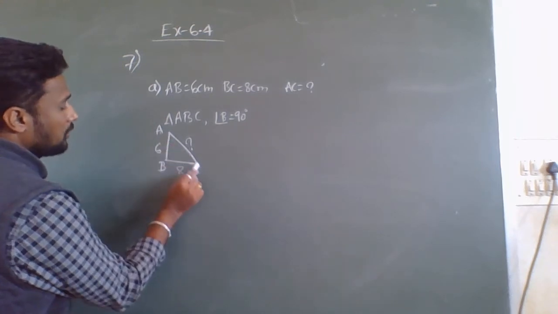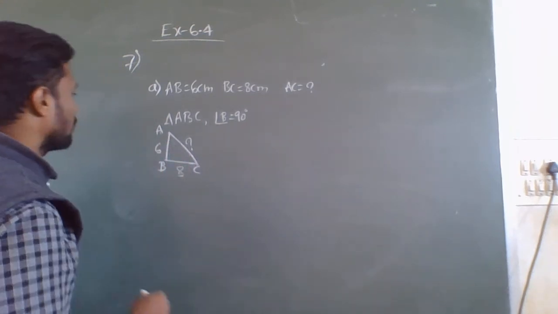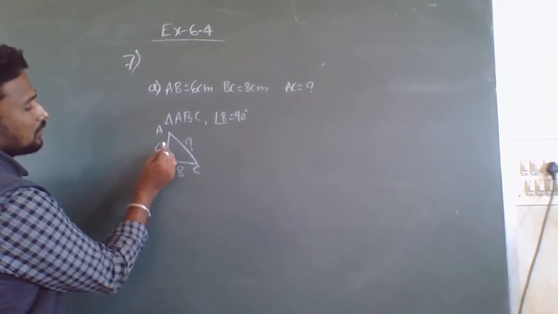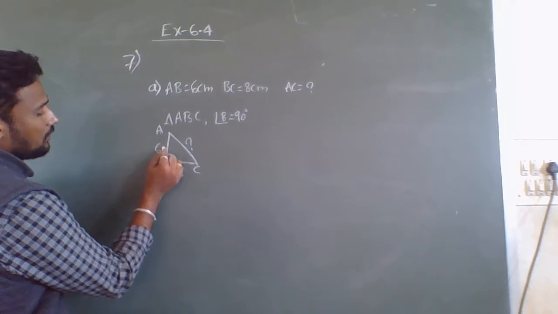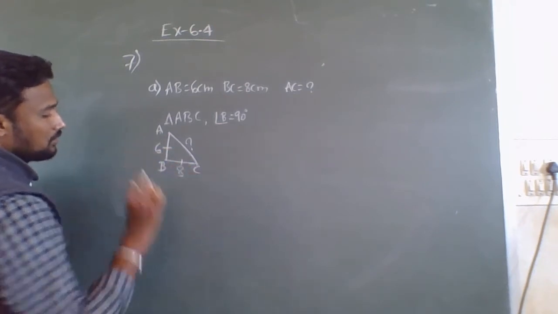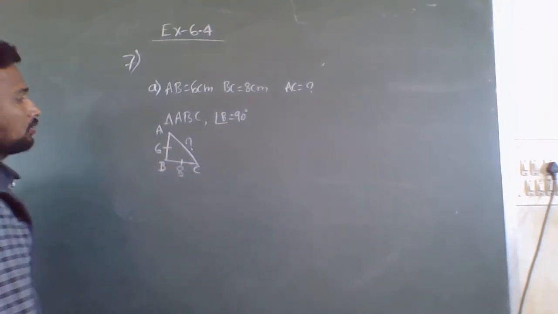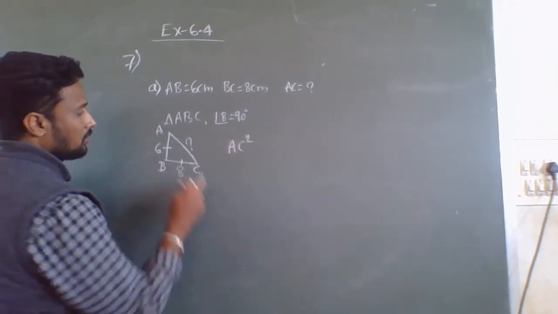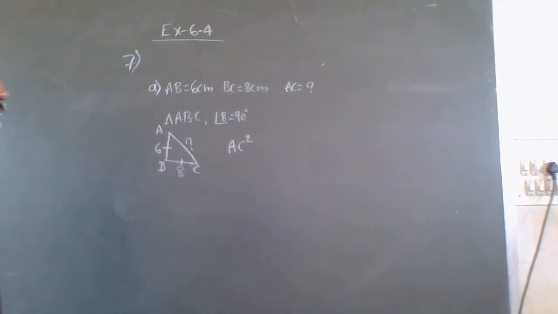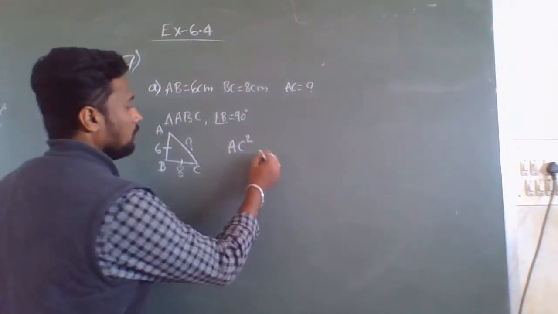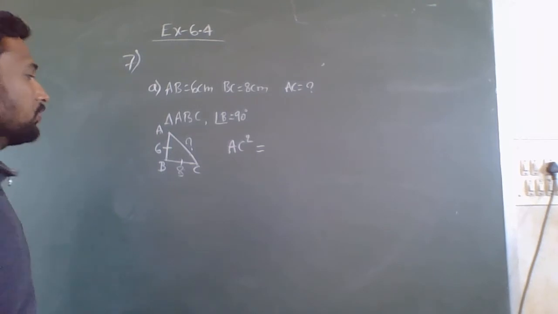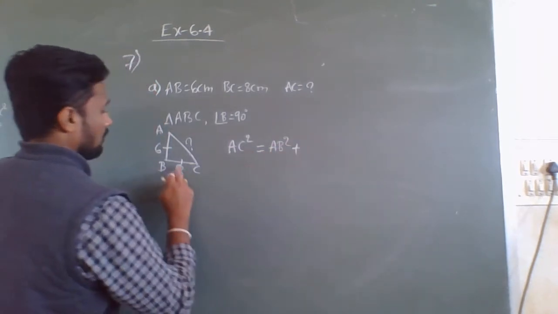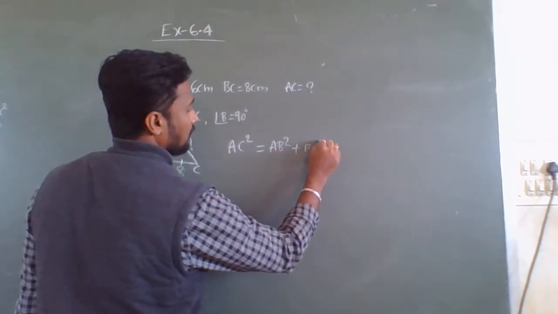Square of the hypotenuse means AC square equals the sum of the squares of the other two sides, means AB square plus BC square. So what is the formula? AC is the hypotenuse. Therefore AC square equals AB square plus BC square.